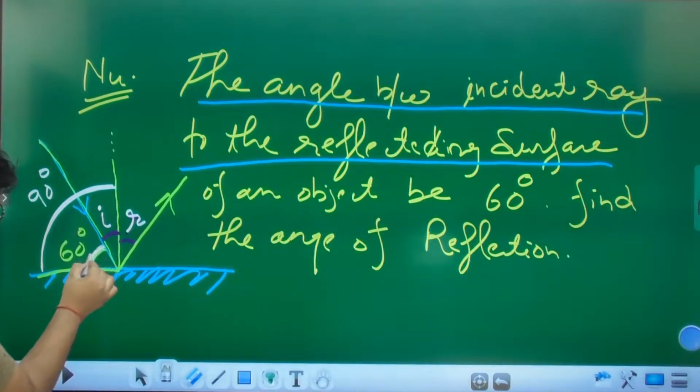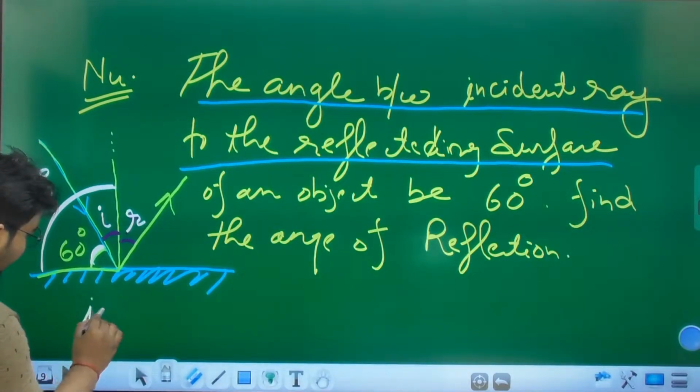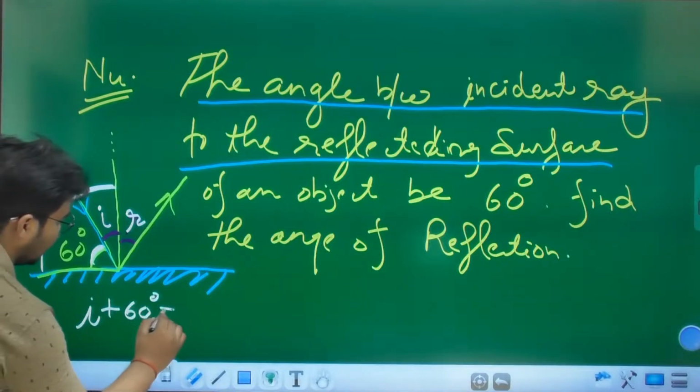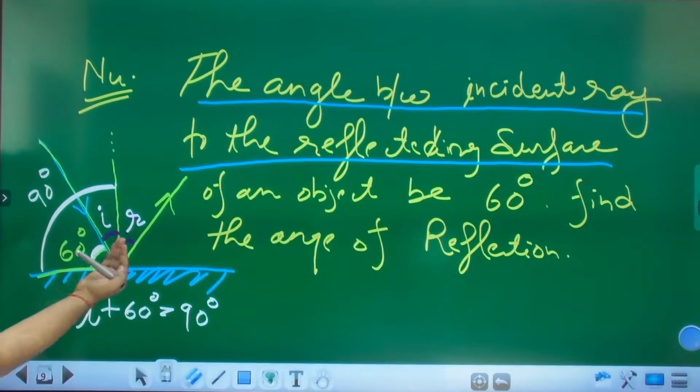If this one is 60, then how much is I? So I plus 60 degree equals 90, because this one is a perpendicular.